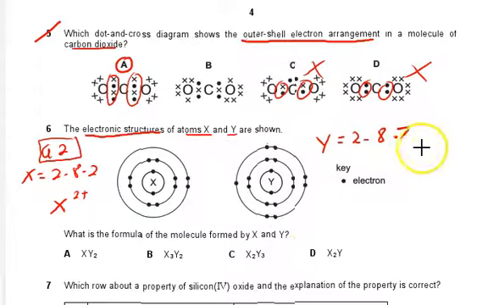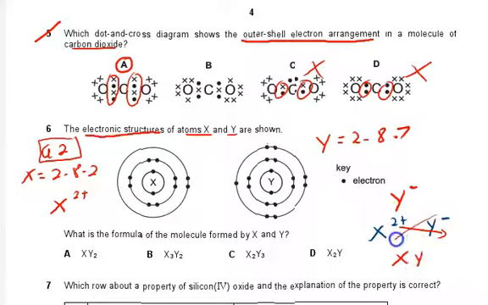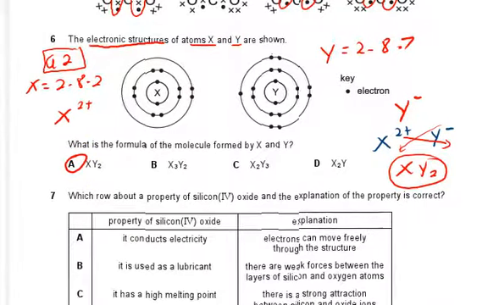So it's a non-metal. This is ionic bonding, and the ion will be negative. Once they combine, you have X2+ and Y minus. So the 2 moves here, the 1 moves here, and you get XY2, which is A, your answer. This is for number 6.